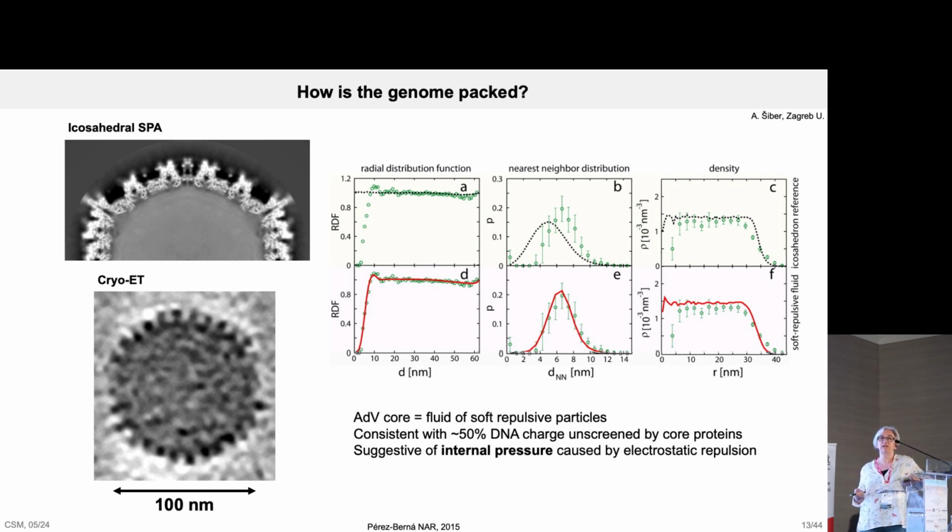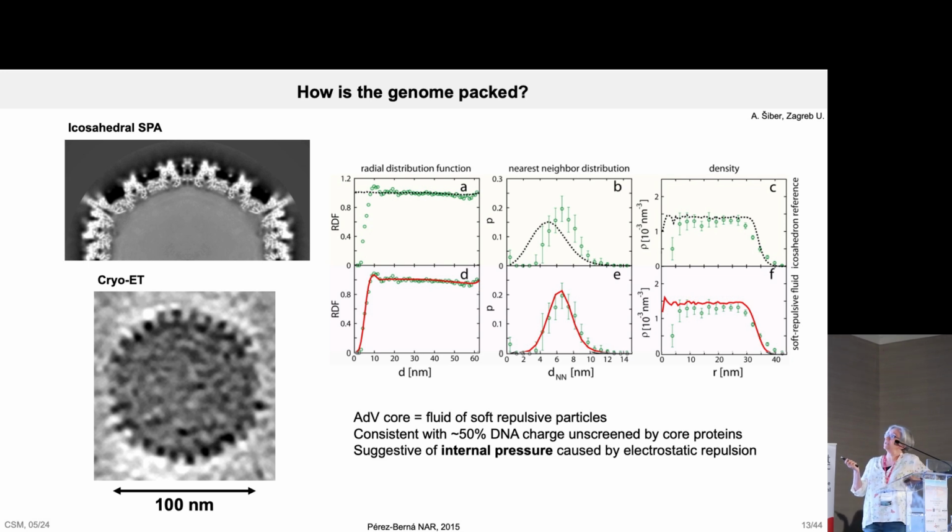He is a theoretical physicist, and he used this data set to simulate a collection of particles inside an icosahedral cage. And then he calculated some statistical parameters for these particles and compared the experimental parameters in green with models for the same parameters for theoretical models of particles inside a cage.